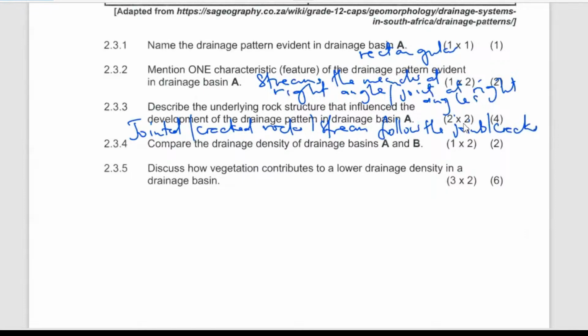To add to that, the underlying rocks are hard and resistant, but they are cracked or they have joints, such that the streams which form on the surface will be following those areas of weakness or those cracked areas, such that they will end up having a rectangular shape.